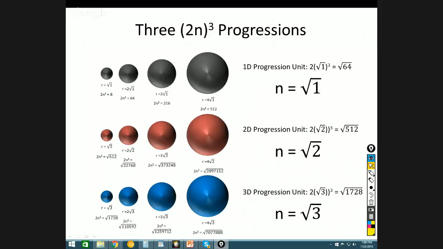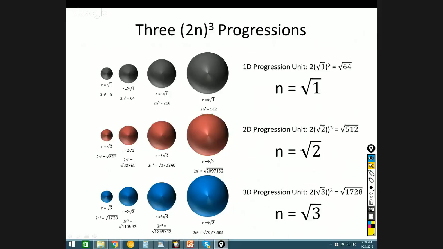This is a progression that goes on ad infinitum, and it's according to the 2 directions. And the magnitude n here is 1, and then changes to 2. But we can see that within that cubic expansion, 8, 64, 216, 512, and so on, we can define 3 volumes of continuous magnitudes.